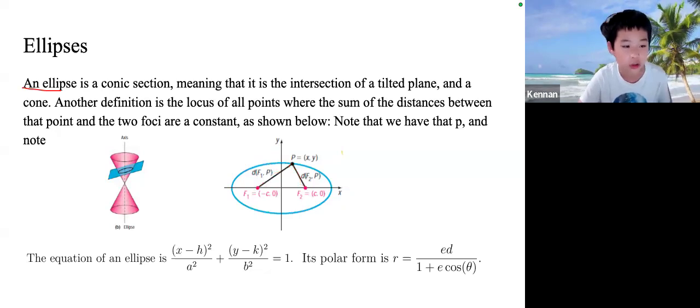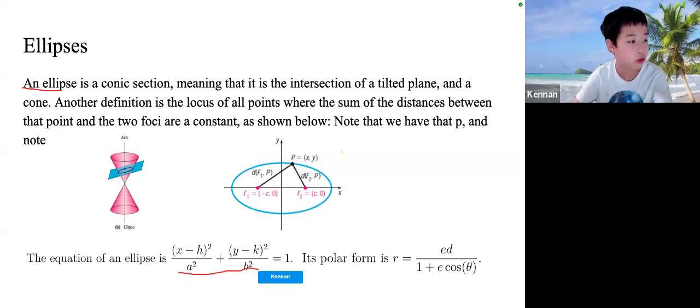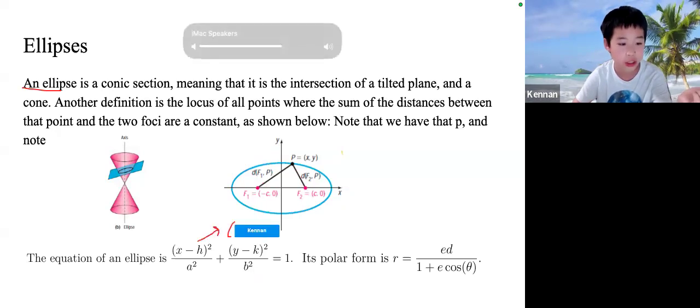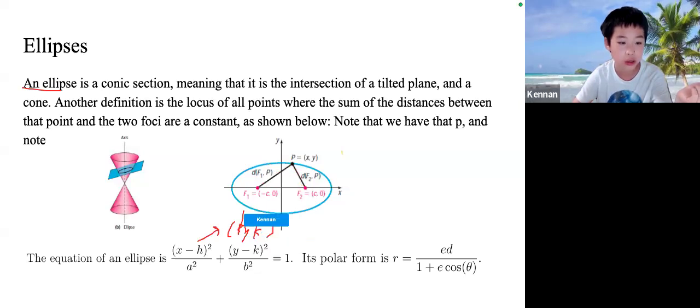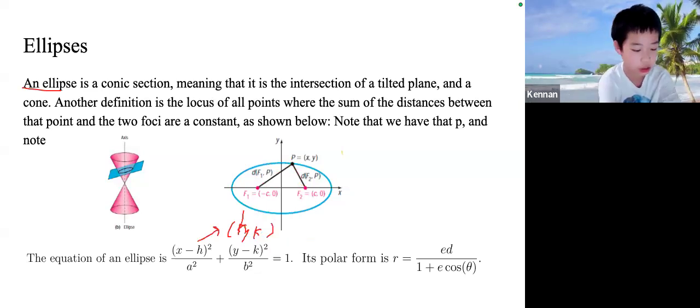Then the equation of an ellipse is (x minus h) squared over a squared plus (y minus k) squared over b squared, and so on and so forth, where note this means (h, k) is the center.